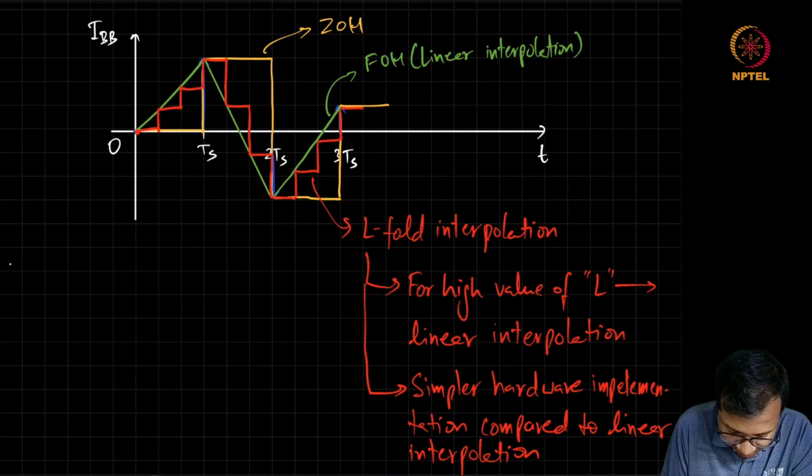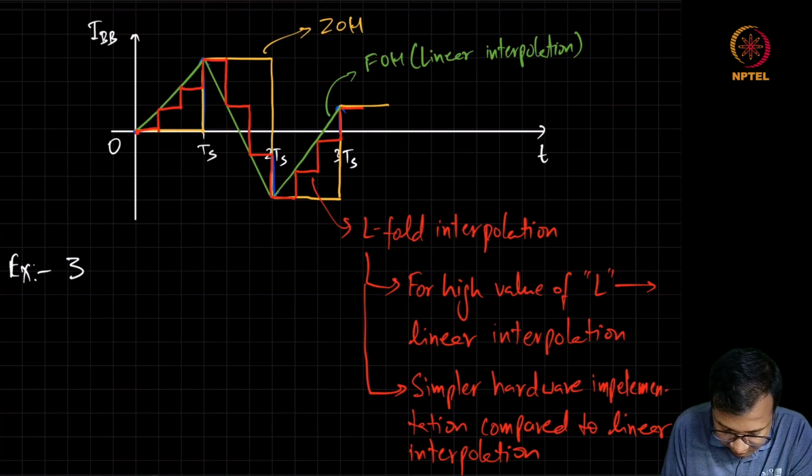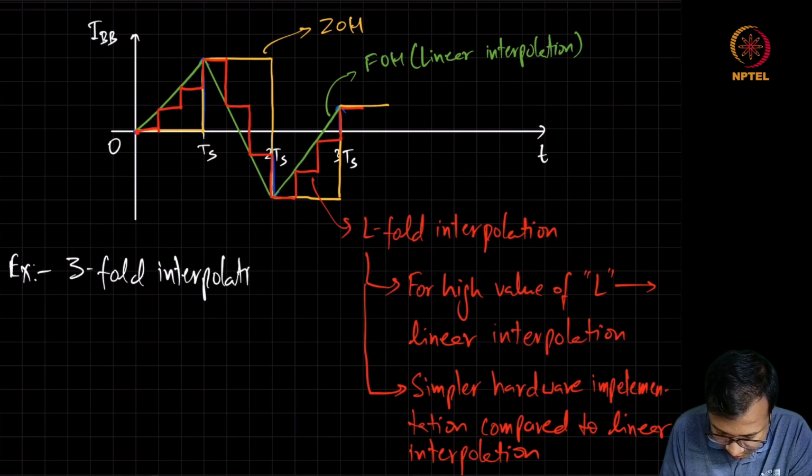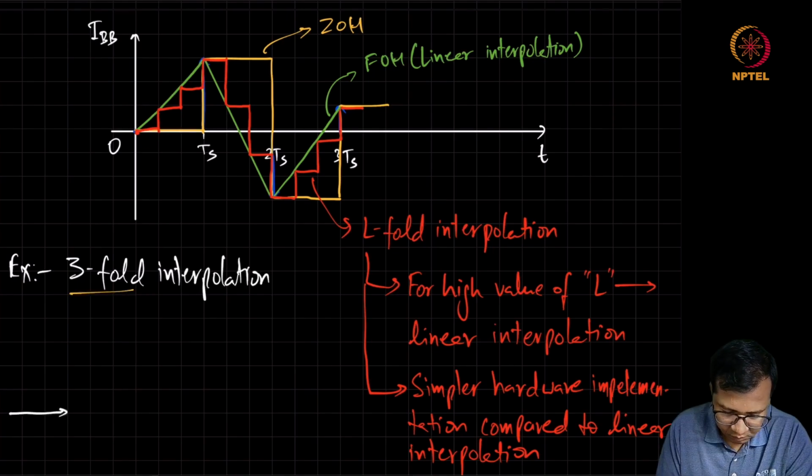So let's take an example of 3-fold interpolation. We can start with a zero order hold value of the analog output, which has been scaled to 1/3.